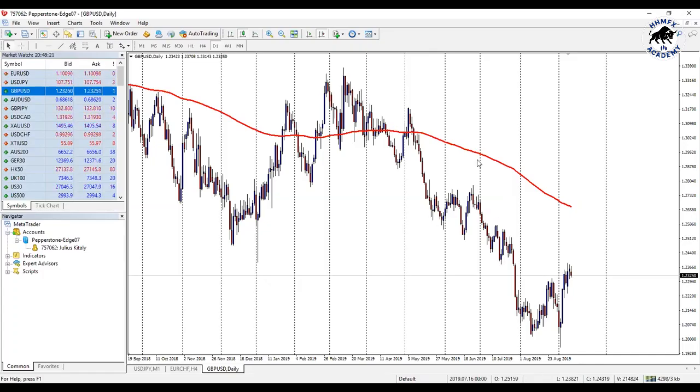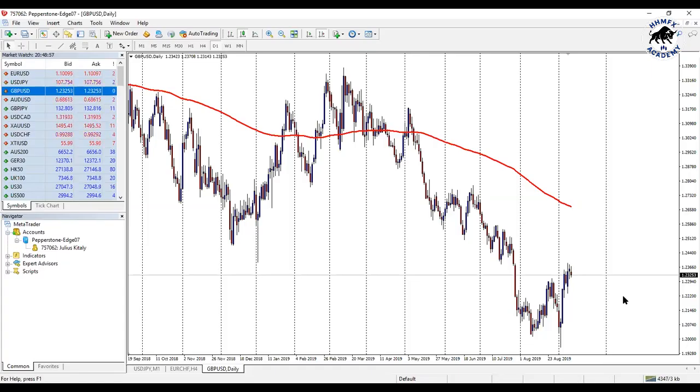When the price crosses below the 200 moving average, it is said that the market is now trending downward. As we can see here, the price is still below the 200 moving average, which means the possibility of the market to continue with the downtrend is very high.